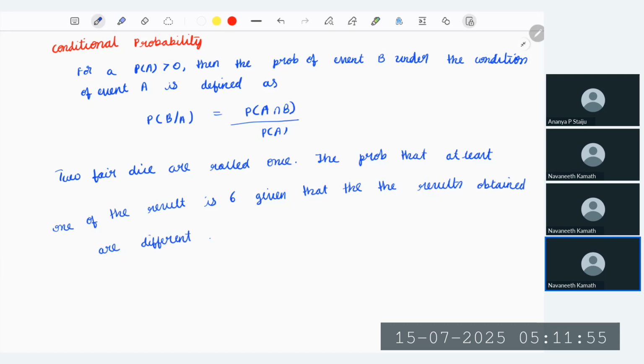Okay, so that's what I'm saying. Here the case is two fair dice are rolled. The probability that at least one of them is 6, given that the results obtained are different. There will be no similar results, they are saying, but different.